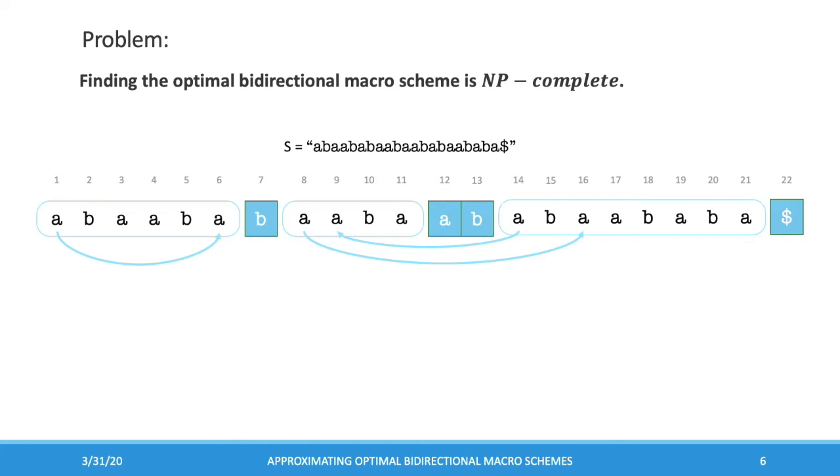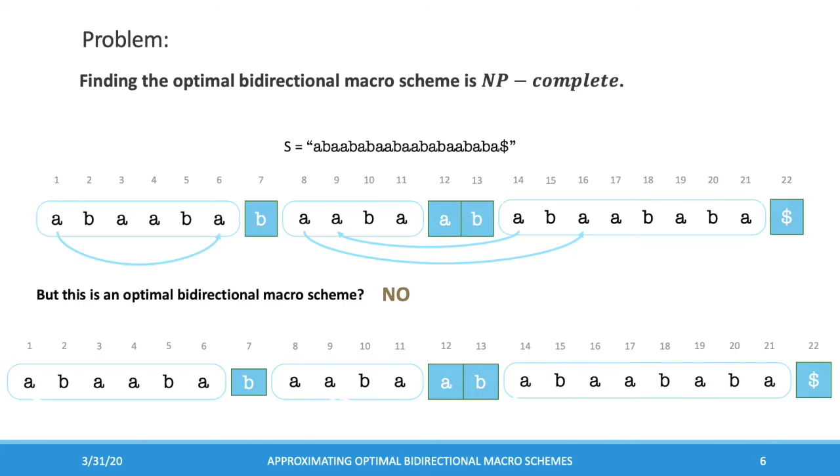Such macro schemes can produce a parsing up to log n times smaller than Lempel-Ziv, but unfortunately, finding the optimal bidirectional macro scheme is NP-complete. For example, we have this scheme that is valid, but is it the optimal bidirectional macro scheme? No. For that we need to remove the letter at position 7 and merge it with the first phrase and the second phrase.